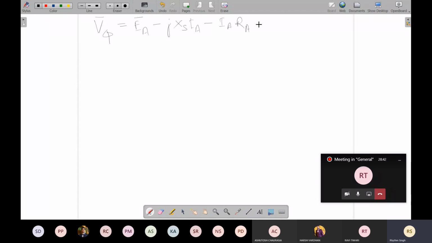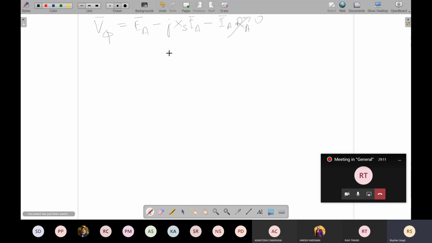So this is what we discussed earlier also, that this is the basic equivalent circuit equation for each phase of the three-phase synchronous generator. So now here we are saying that we are ignoring this armature resistance. So this term is 0. So this equation is further simplified to this form.